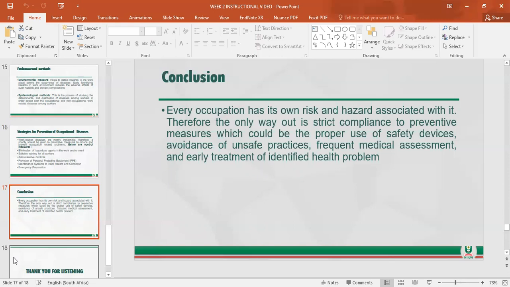That is not something we can dispute. As a result, strict compliance with preventive measures, which could be the proper use of safety devices, avoidance of unsafe practices, frequent medical assessment, and early treatment to identify health problems, is very necessary.